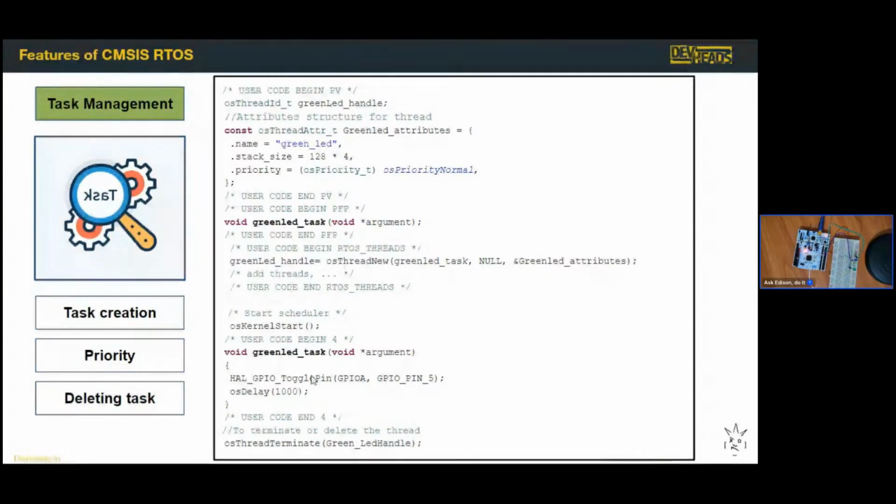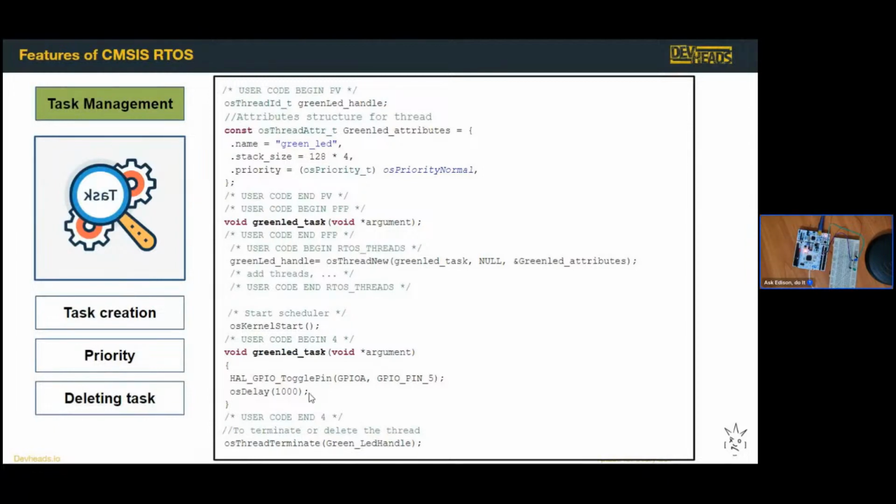So in the task, we have the HAL GPIO toggle pin. You find that we have GPIO A, so this means that our green LED is connected to port A, pin number 5. And we have things like the OS delay, whereby you want to have some time. For the OS delay, it's very important to use the OS delay here, rather than the HAL delay.